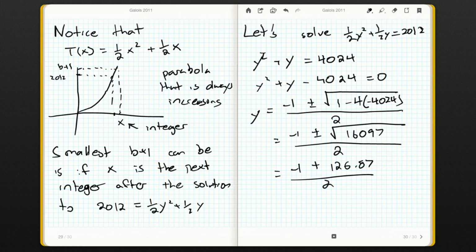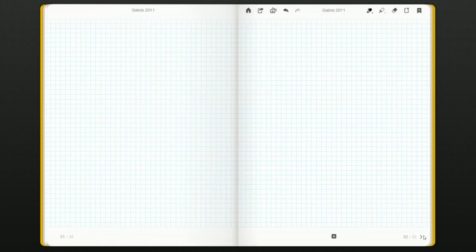So I subtract 1 from the 126.87, etc. I get 125.87, and then when I divide by 2, I get about 62.93. So we're going to let x equal 63. That's the next integer over.